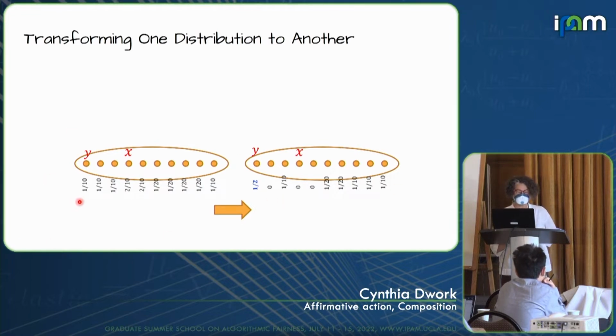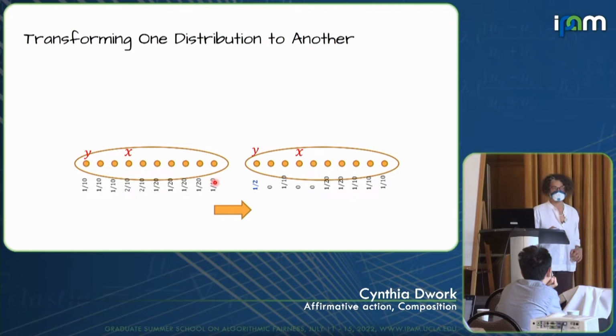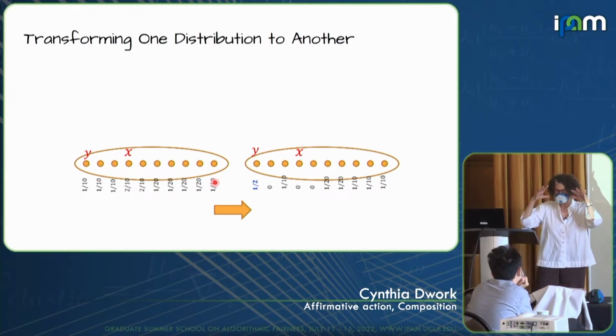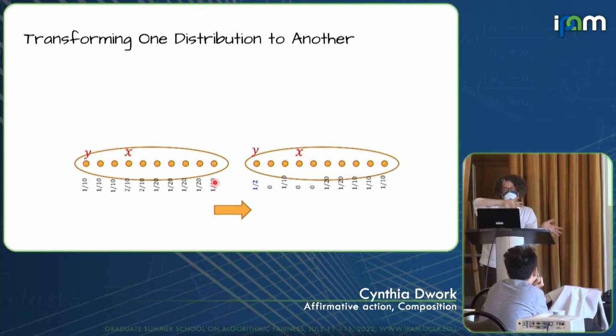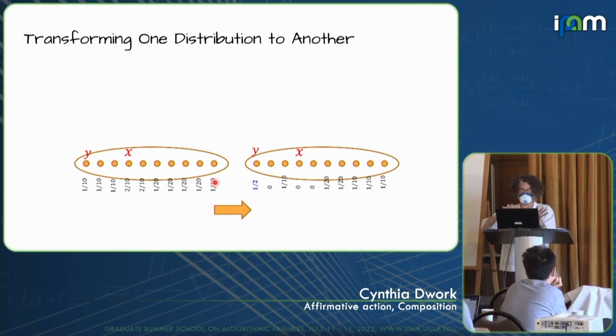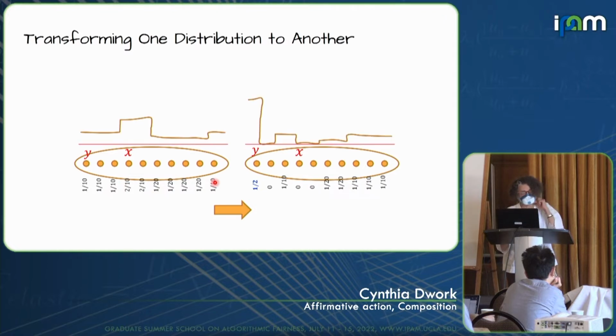This distribution assigns a weight of 1/10 to Y and 2/10 to X. This one assigns half to Y and 0 to X, and so on. And these numbers all add up to 1, and these numbers all add up to 1. And I want to take this distribution on the left, and convert it with minimal effort, or minimal mushing around, to the distribution on the right.